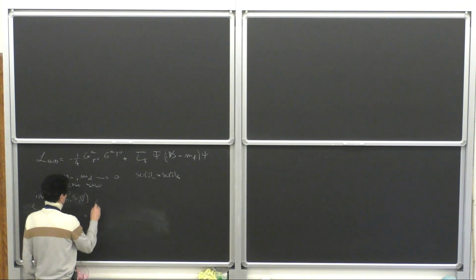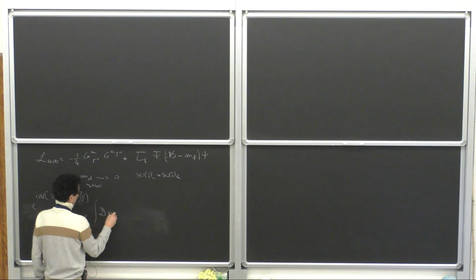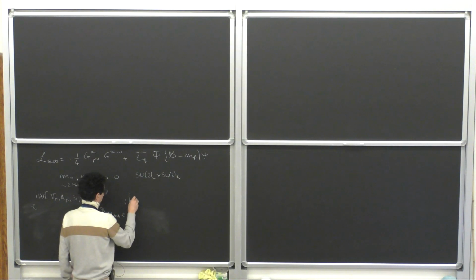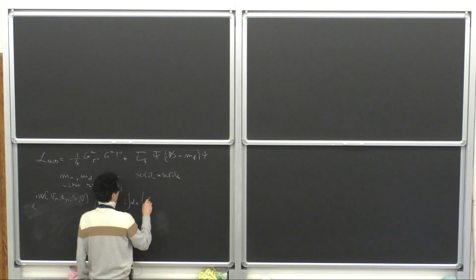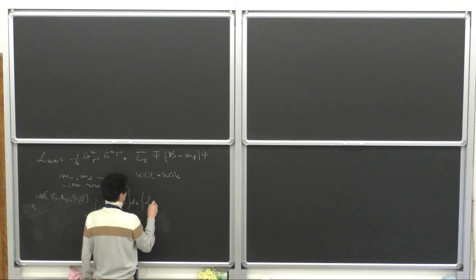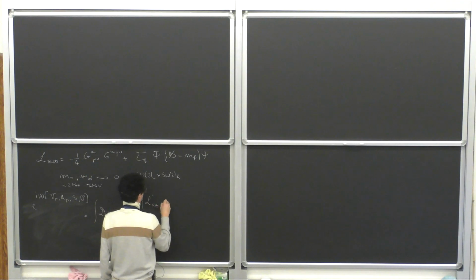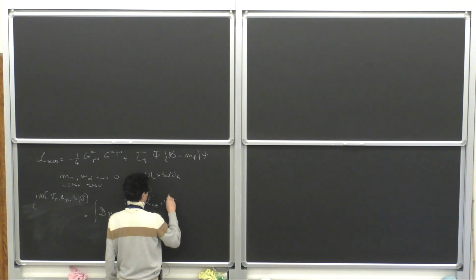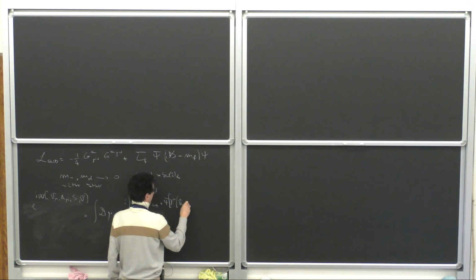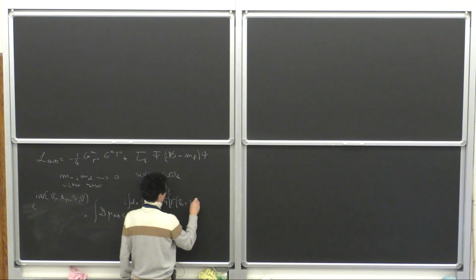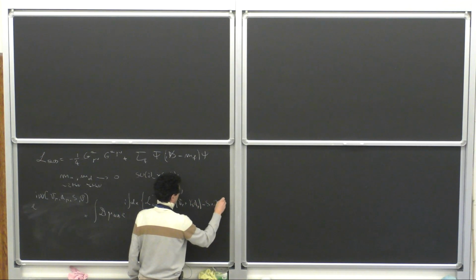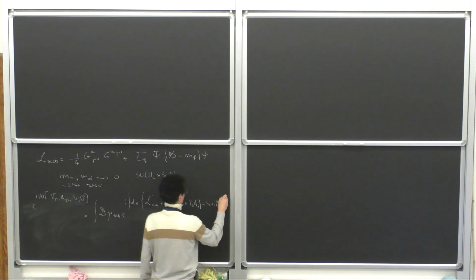And this has the expression in terms of L_QCD plus psi-bar gamma^mu (v_mu plus gamma_5 a_mu) minus (s plus i gamma_5 p) psi.